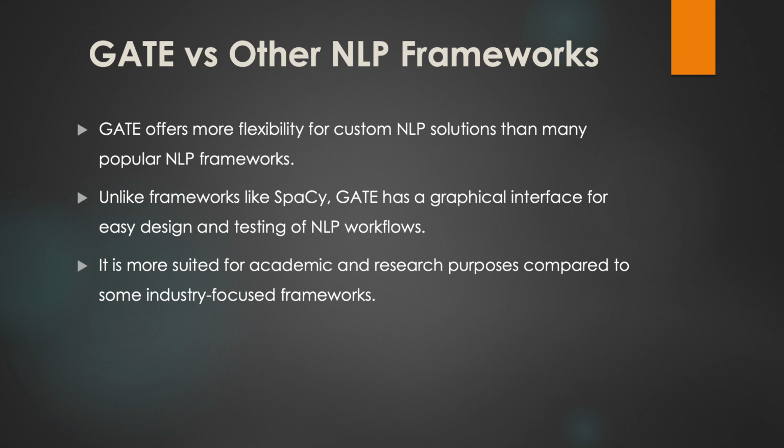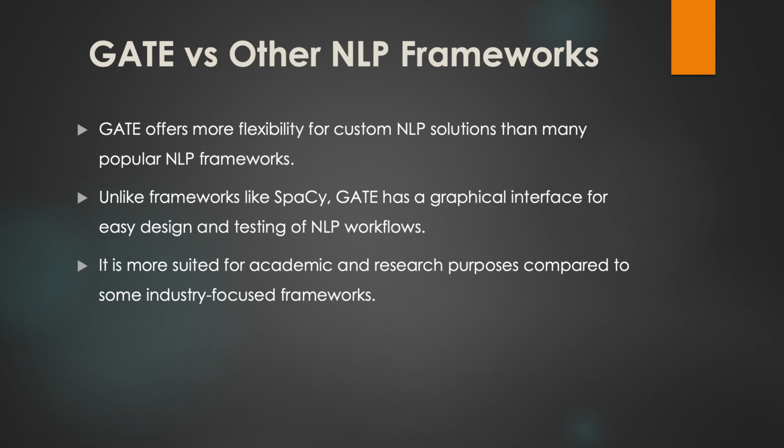Now, let's take a moment to compare Gate with other popular NLP frameworks such as Spacy. One of the main advantages of Gate is its flexibility, while Spacy is highly efficient for ready to use tasks. Gate offers more flexibility and customization options, which makes it ideal for tailored NLP solutions.